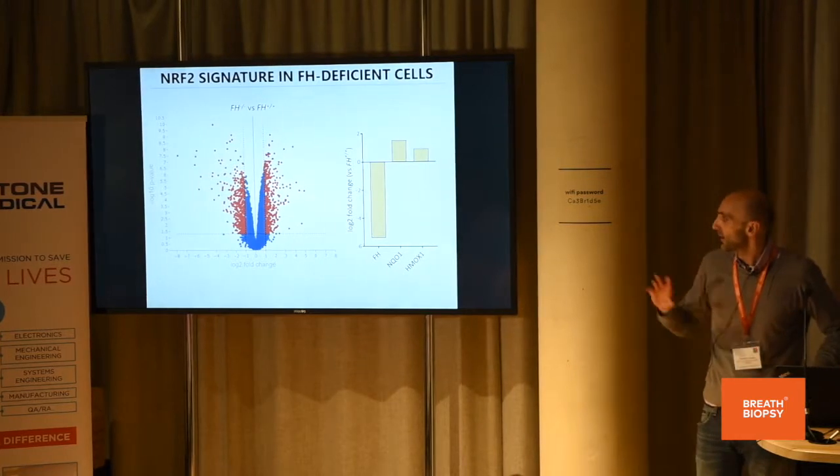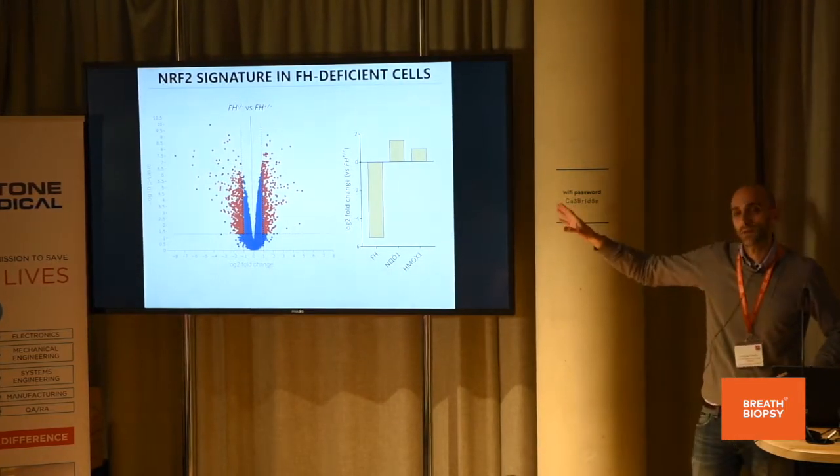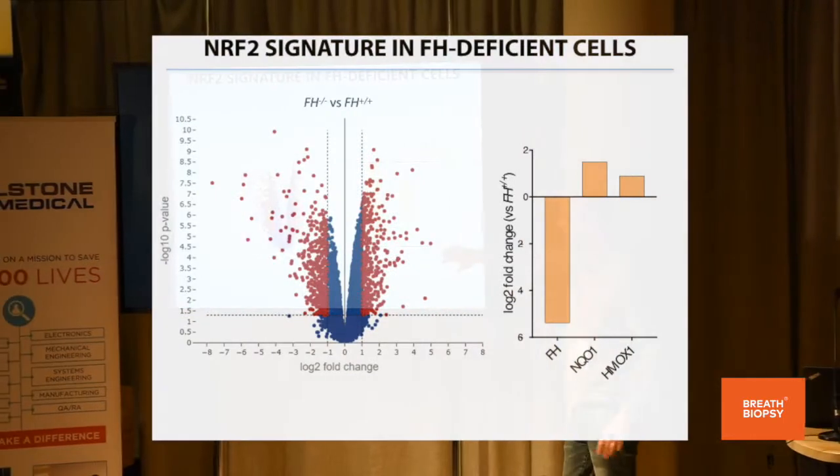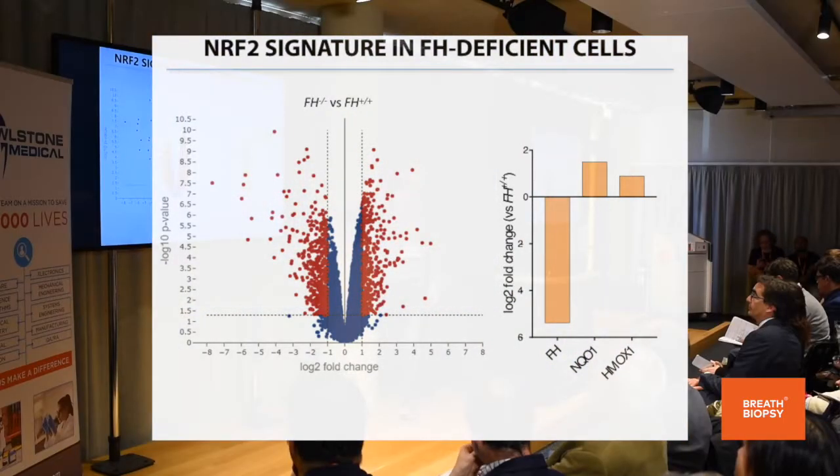And I'm just showing that in the fumarate hydratase deficient clones that we have generated, there is a very striking signature of 2 important NRF2 target genes called NQO1 and heme oxygenase.